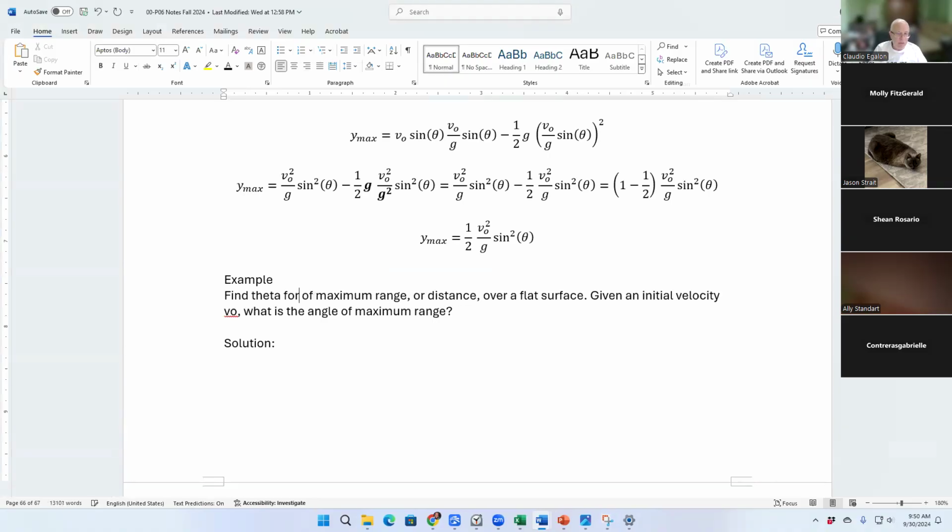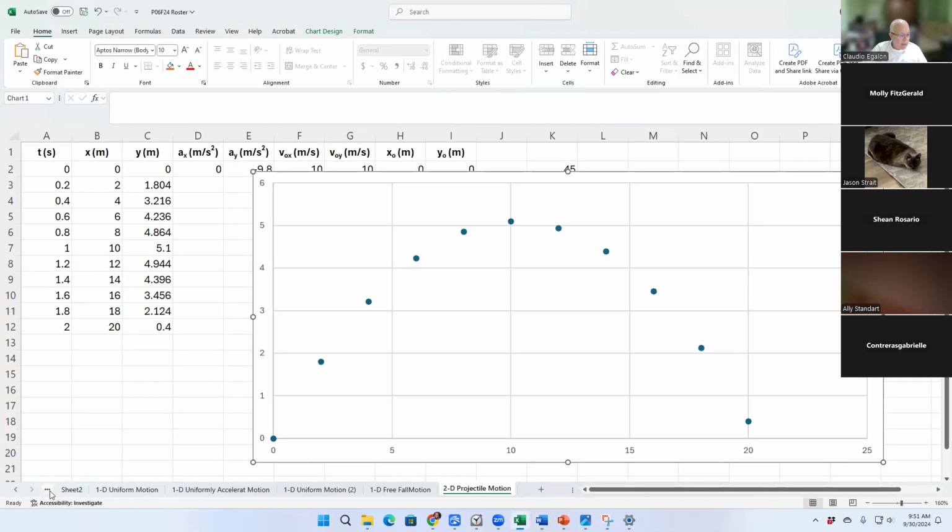For maximum range, meaning distance over a flat surface, given initial velocity V naught, what's the angle of maximum range? Think about that. And we're going to take attendance now.